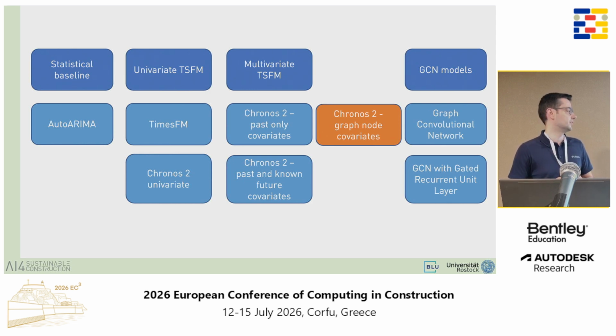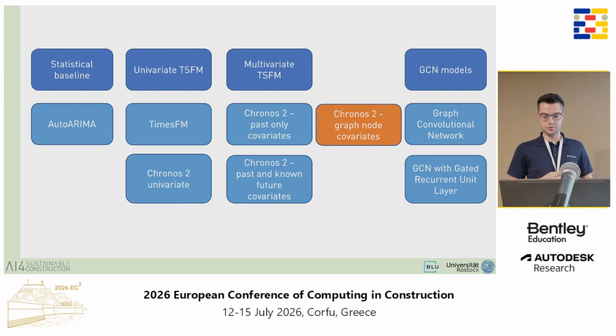One is TSFM, which is explicitly trained only on univariate time series, so only predicting from the context, and also Chronos-2. For Chronos-2, we also have past-only covariates, and in the newer version, we can also pass in future covariates if we already know them. So we extend our predictive performance, maybe, if we add something from the prediction window.